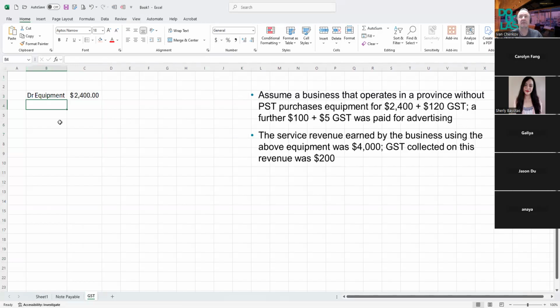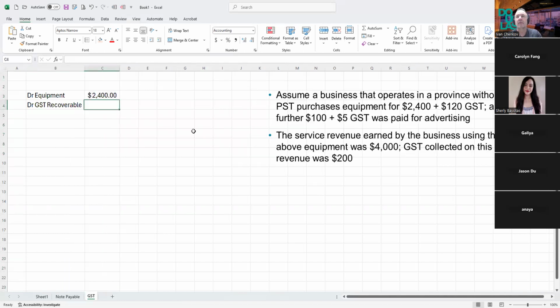Keep in mind that we can recover the GST from the government, so we can claim the GST back. For that purpose, we're going to show it as a debit, GST recoverable, and that GST is $120. Credit, obviously we have to pay cash, and we paid exactly this amount plus that amount.